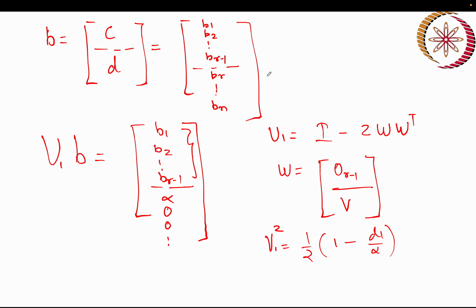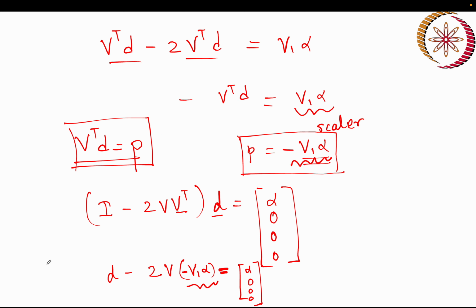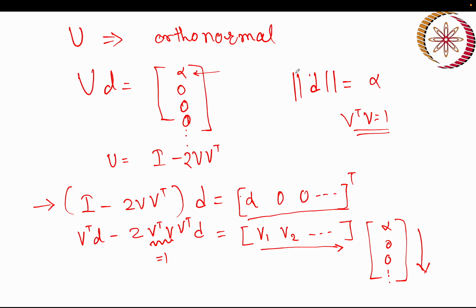So d1 is nothing but this vector, so d vector is nothing but this part, so d1, d2 till dm, this is nothing but br to bn. Okay, so this d1 we already know, which is br. Now this alpha we have found out before, so alpha is nothing but the magnitude of d because of this orthonormal nature of the matrix.